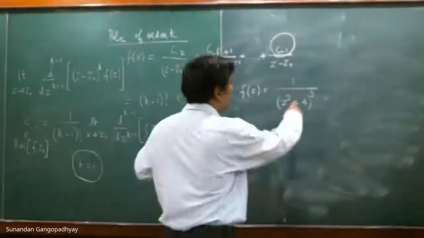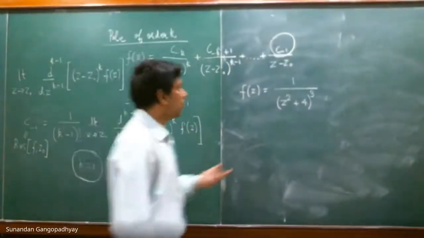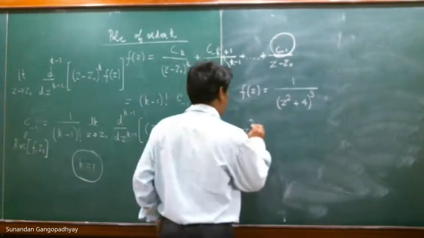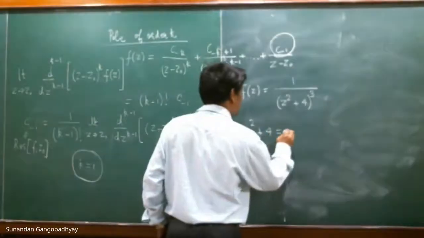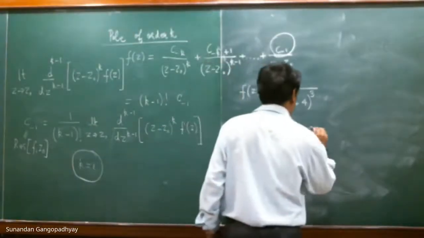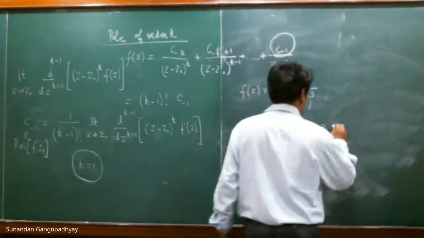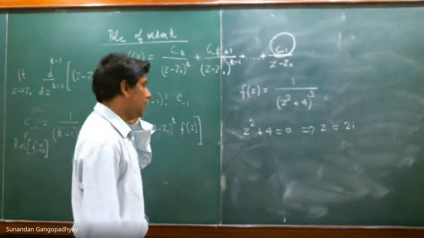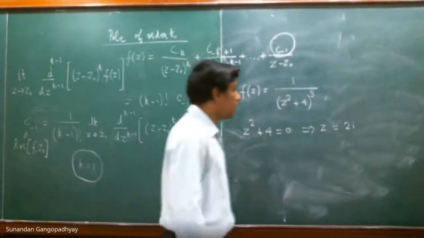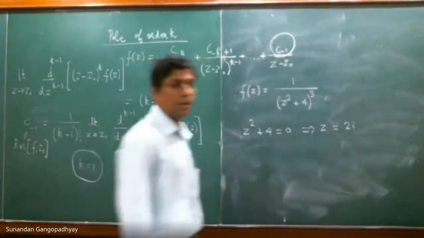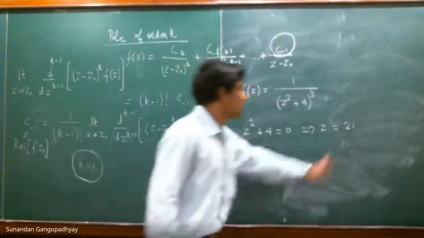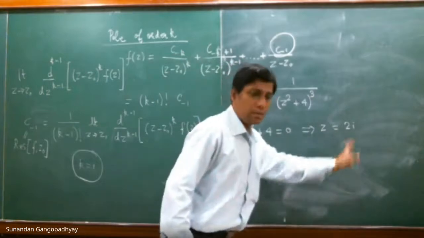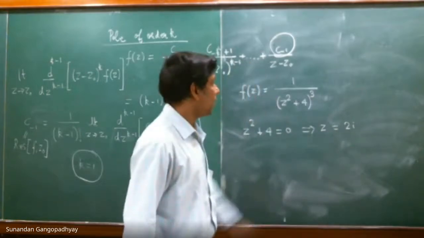What are the poles of this function? So poles of this function, in order to find it, we have to set z square plus 4 is equal to 0. And this will give us what? Z is equal to 2i. Actually, the poles are at plus minus 2i, but let us take the pole 2i. And what is the order of this pole?